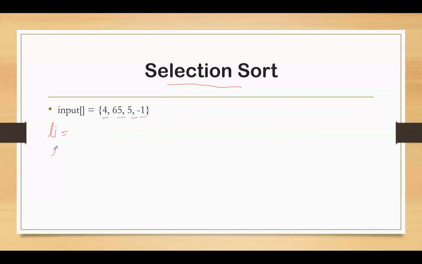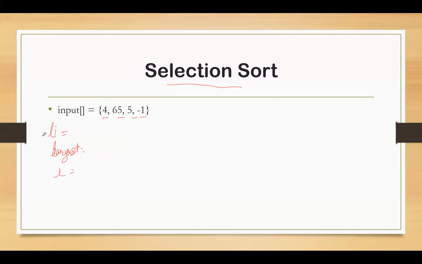Another will be a largest variable, which will have the 0th value at first and will point to the highest number found in the input array, and one variable for iterating the array.